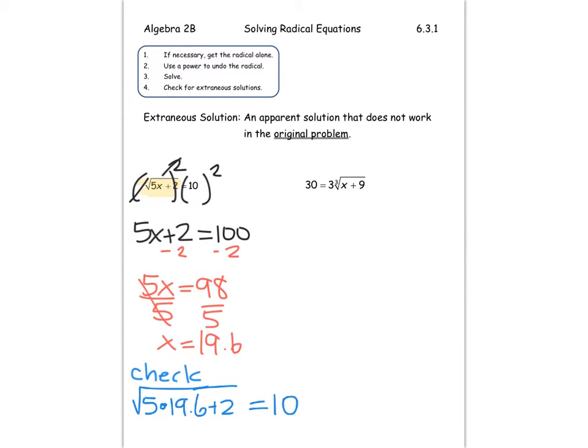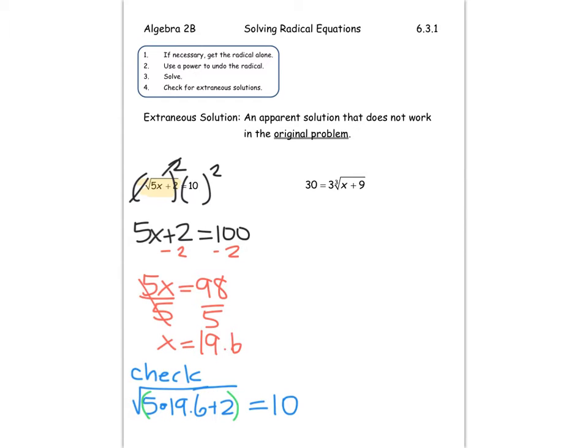How we're going to do this is in our calculator. But in order to use a calculator, especially a Casio, we have to use parentheses around what we're typing. Otherwise, it would just take the square root of the 5, because that's the first number. But you wanted to take the square root of the 5 times the 19.6 plus 2. So you put that math problem in parentheses.